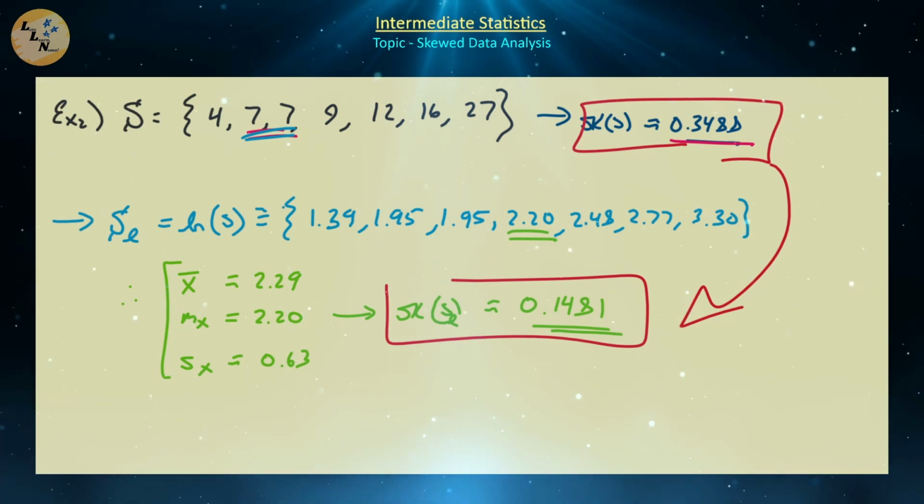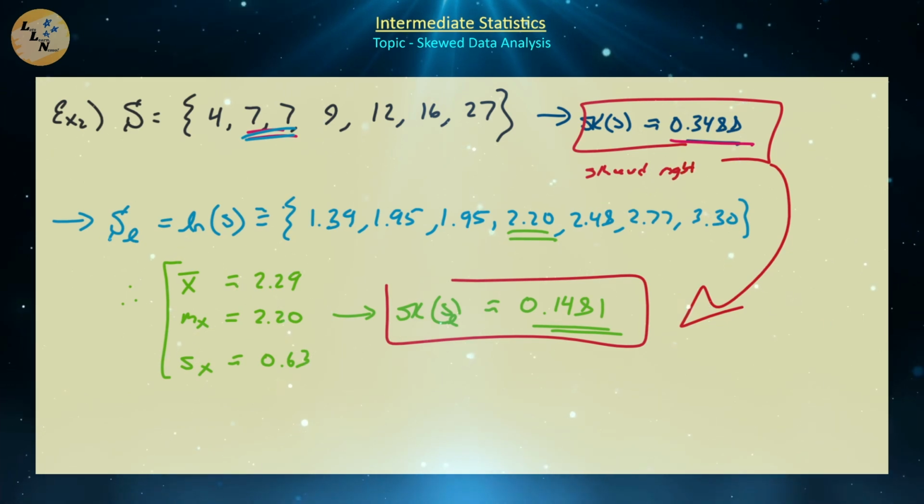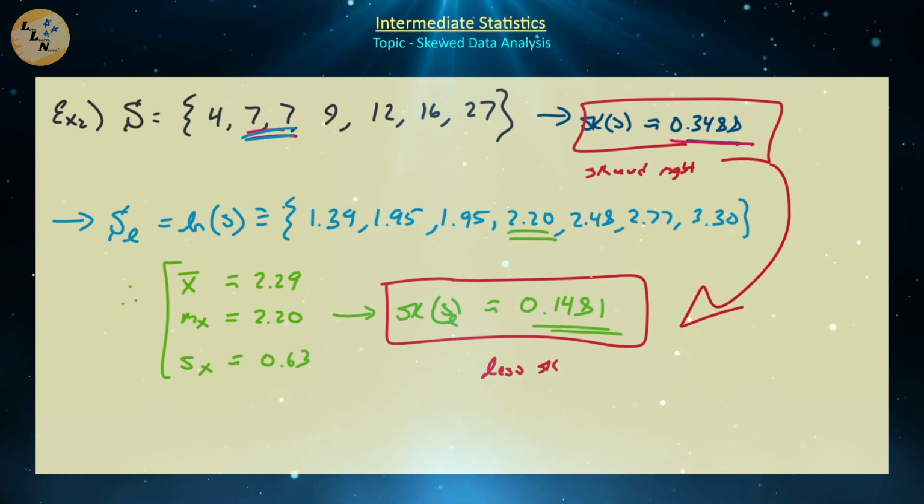And since we have a skewed right distribution, that means we have evidence to believe that it's coming from a log normal distribution, and hence taking the logarithm of that data set should reduce the skewness back to sort of a data set that should represent at least approximately a normally distributed data set, right? So now our distribution is less skewed, still skewed right, but less skewed than it was before.